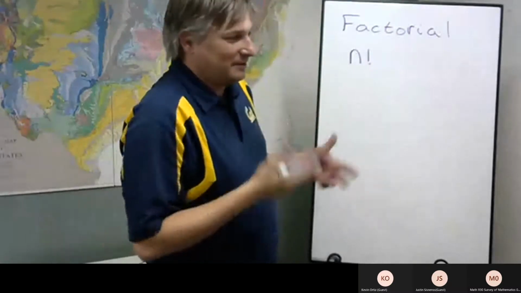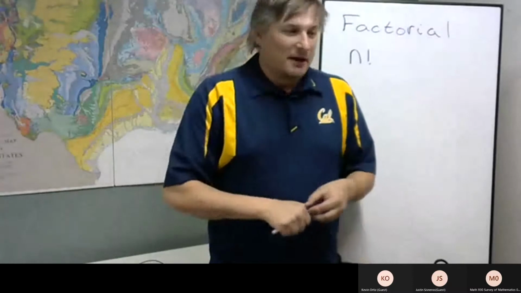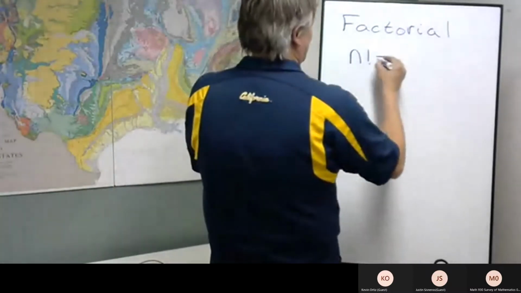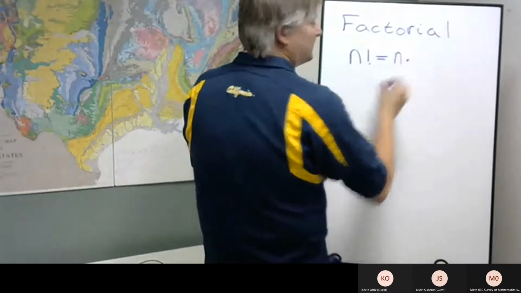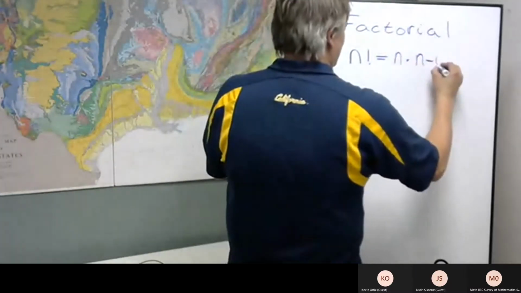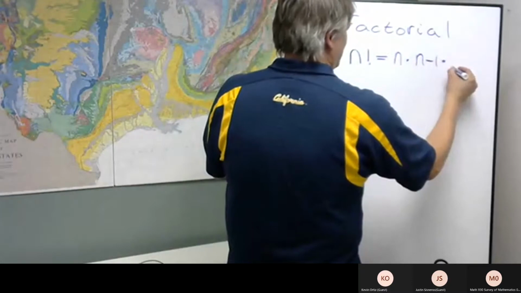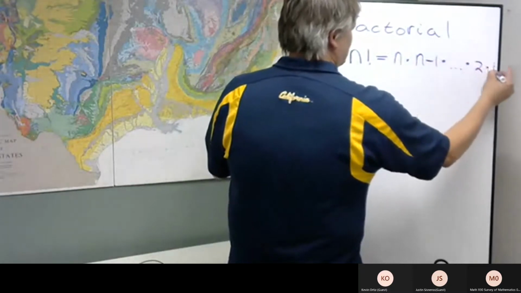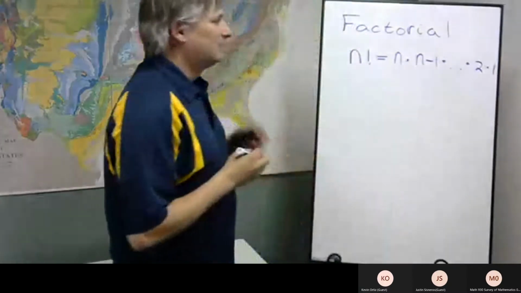Now this is sort of one of these mathematical operators that's sort of surprising. What it means is this. You can think of it as sort of an avalanche of multiplication. And we keep going. Like so.